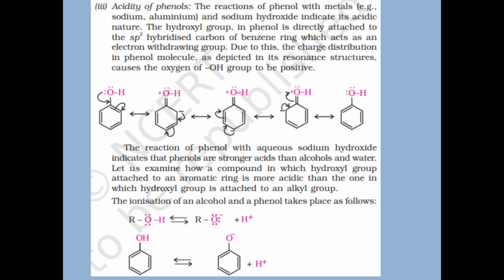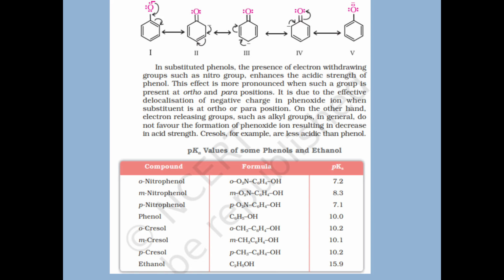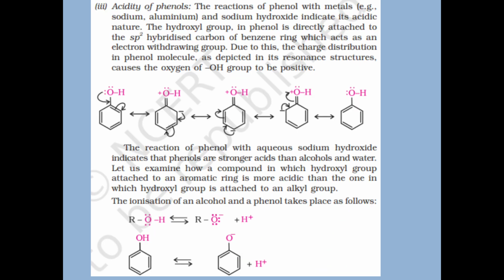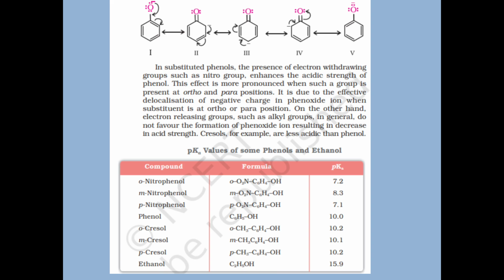Its conjugate base, the phenoxide ion, has lower energy, so it is highly stabilized due to its resonating structures. These are five resonating structures of the phenoxide ion, and due to the stability of this phenoxide ion, phenol acts as a stronger acid than alcohol.